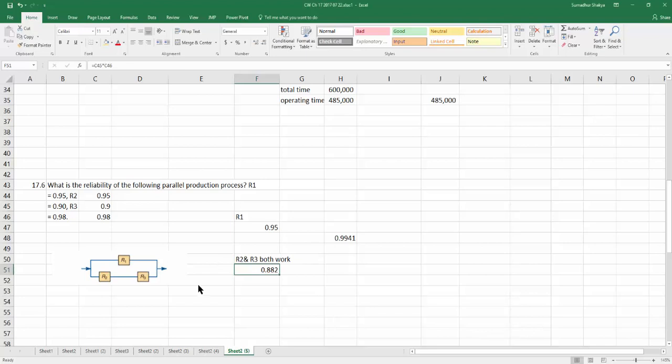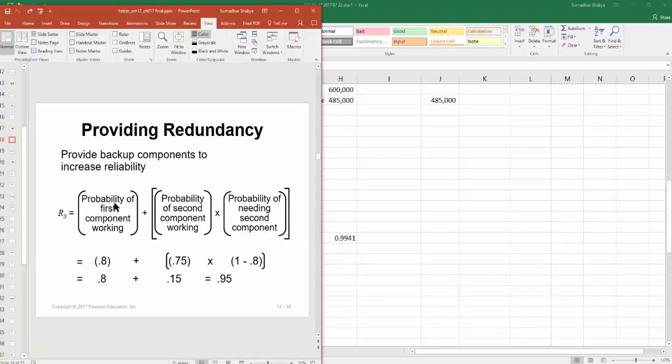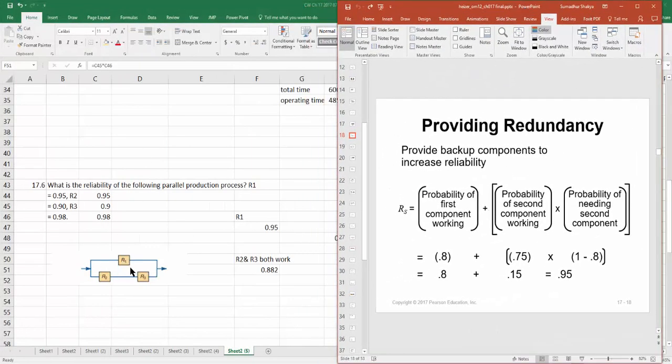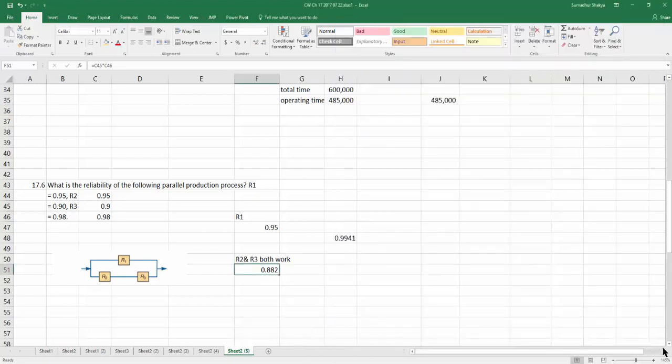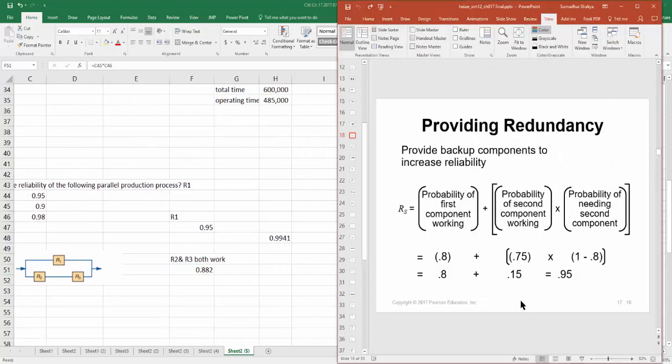And just as a reminder, you can remember from this one the probability of the first component working, which is R1 in our case, plus the probability of the second component working when the first one fails. So in our case, the probability that R1 would work is 0.95, and then the second component, which we've already calculated the combined for R2 and R3, is 0.882.